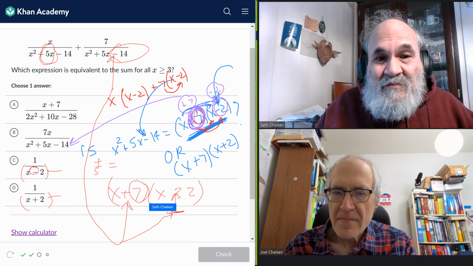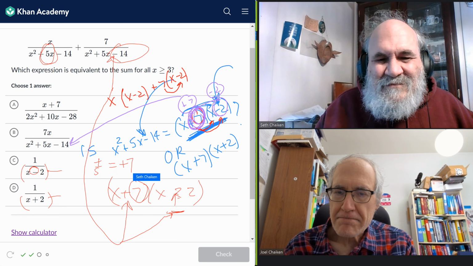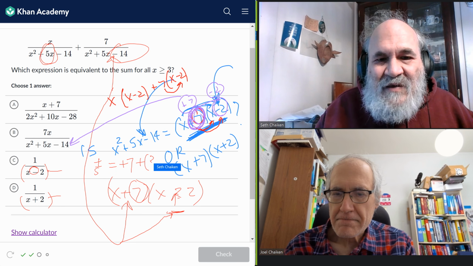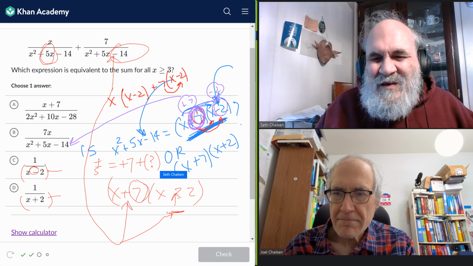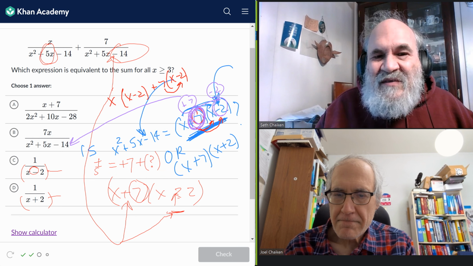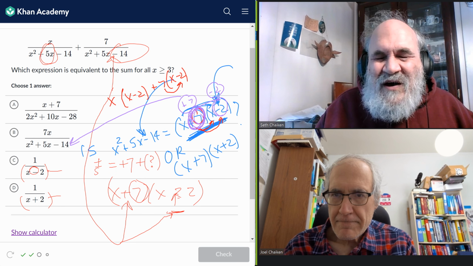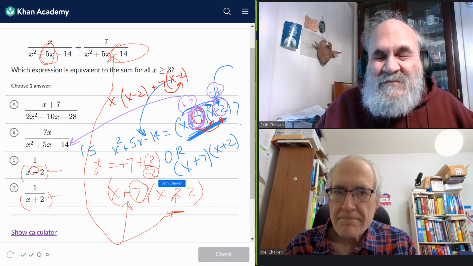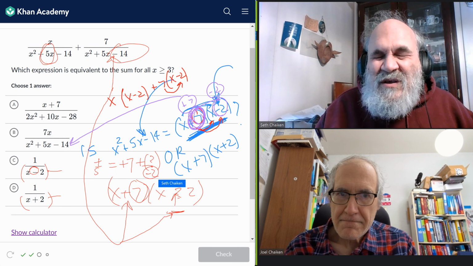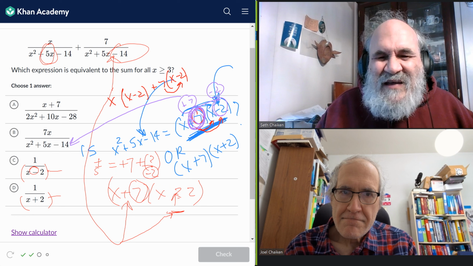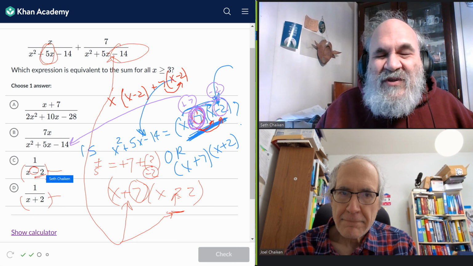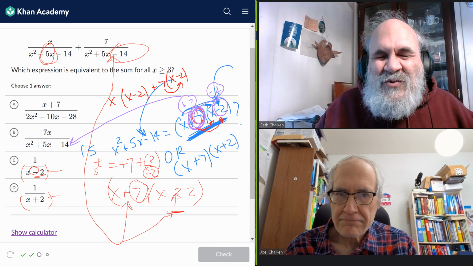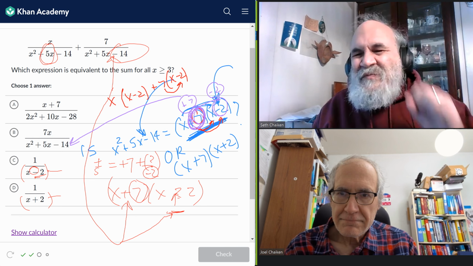You have the plus 7 plus something, and the only something that can be added to 7 to give plus 5 is minus 2. So rationale number 2 is that minus 2 is the number such that 7 plus minus 2 equals 5.